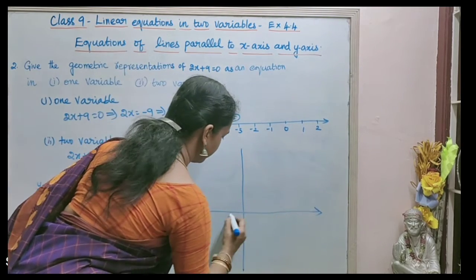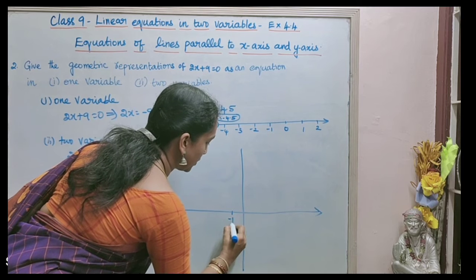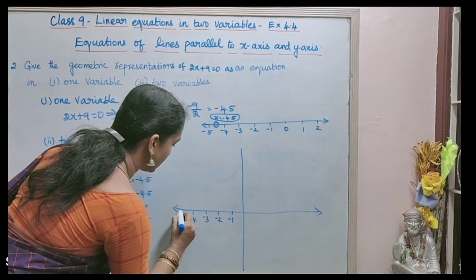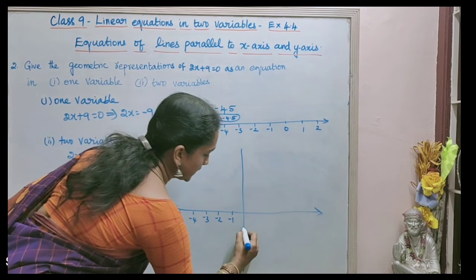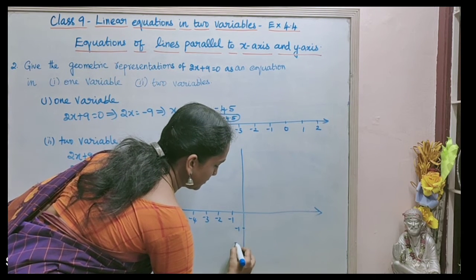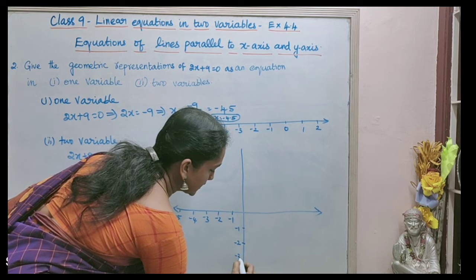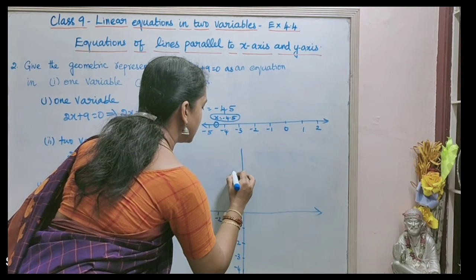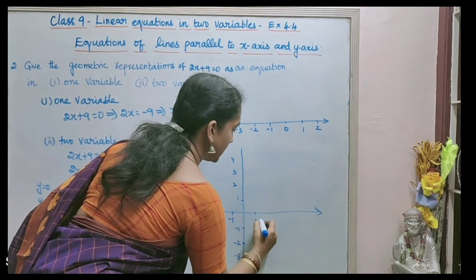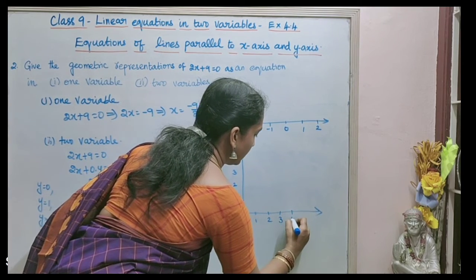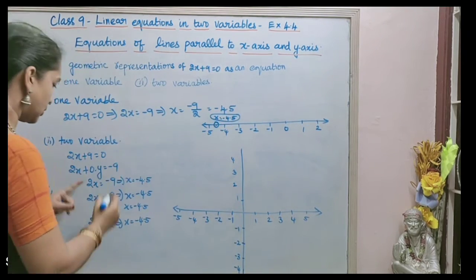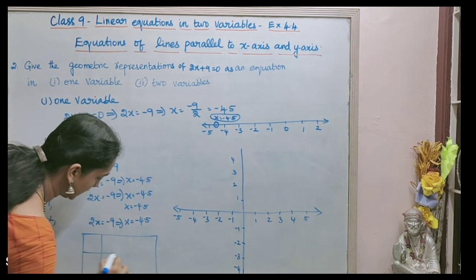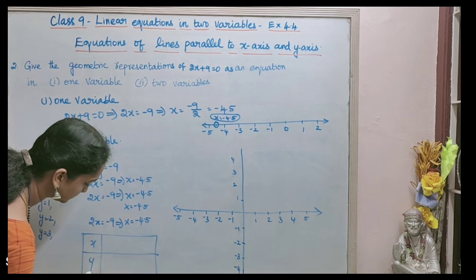So, this one will be minus 1, minus 2, minus 3, minus 4, minus 5, and here minus 1, minus 2, minus 3, minus 4, here 1, 2, 3, 4, here it is 1, 2, 3, 4, 5. So, when we put it in a tabular column, it will be x and y.